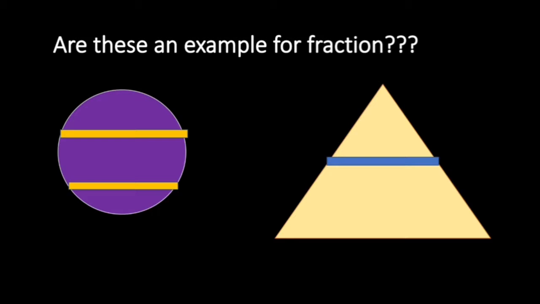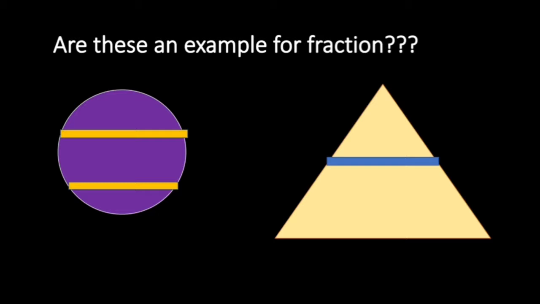Are these an example of fractions? This is the question. Now the first one is a circle. Can we represent these two figures as fractions? No. Because when we see, the parts are not equal. In the circle also and in the triangle also. In the triangle the upper and the lower parts are not the same.